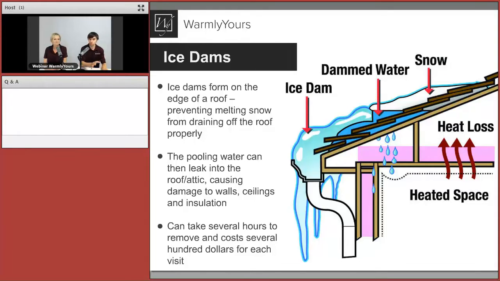That melted mixture transitions down to your overhang, like we show here in the picture, and then eventually it will hit the section that is not heated, the overhang, because there's air flowing under that area. It's cold from underneath. The surface is not warm anymore, it's cold. So all that water will start to refreeze, and that's eventually where your icicles will start to happen. That's when the ice dam will form.